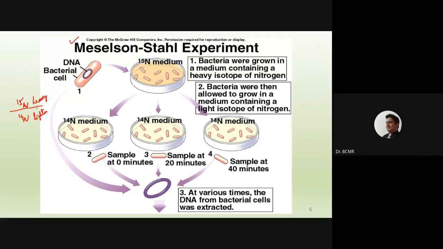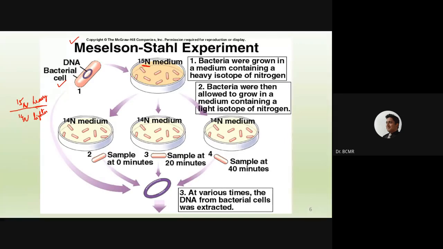I hope you will take a little bit of time to understand the way the experiment is conducted. First, they took bacterial cells, and then they grew them in medium containing N15.